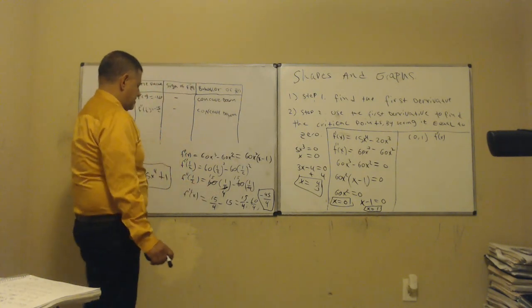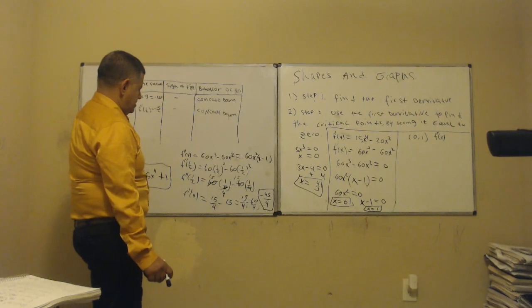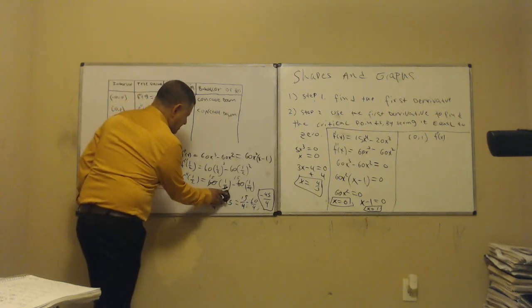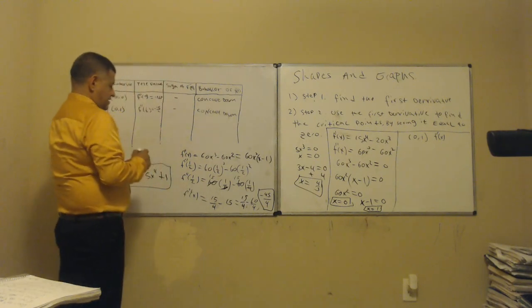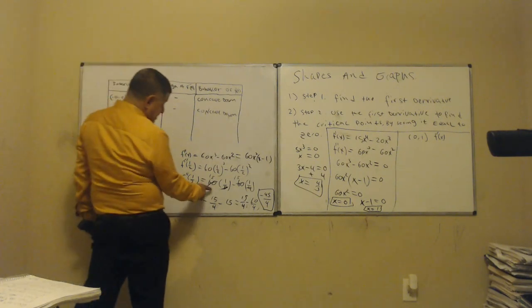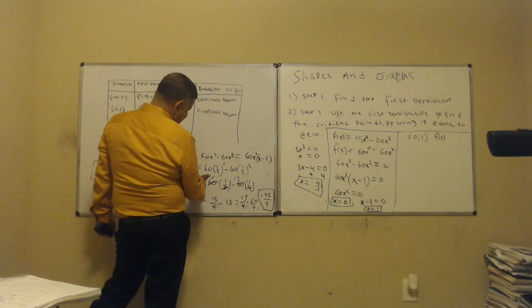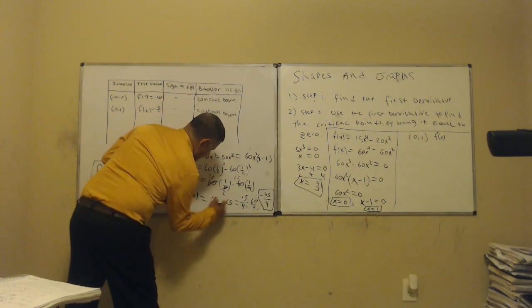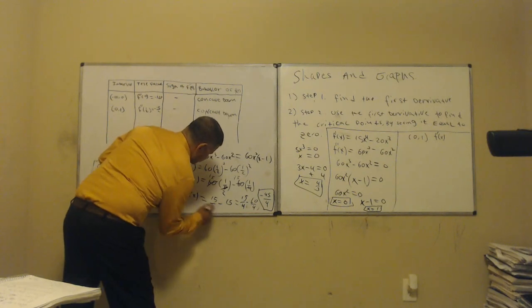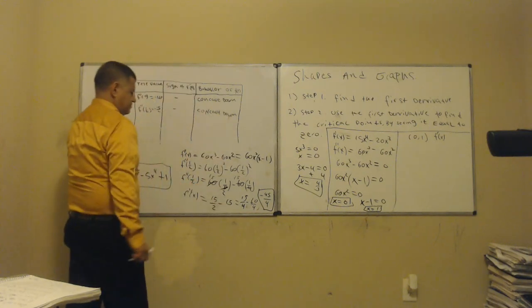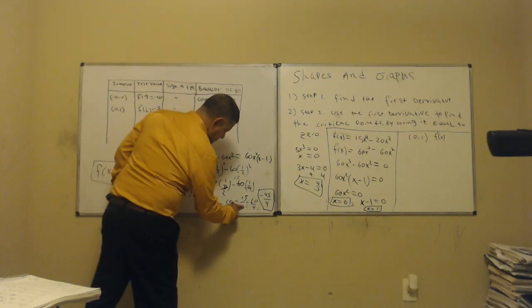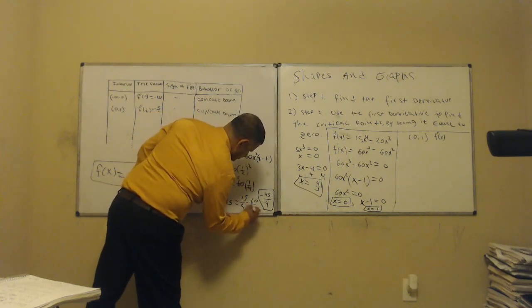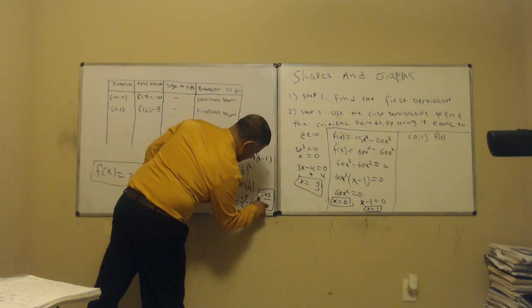Actually, I made a mistake. If I am canceling this by 4, and I cancel this by 4, this is 2. See? This is 2.